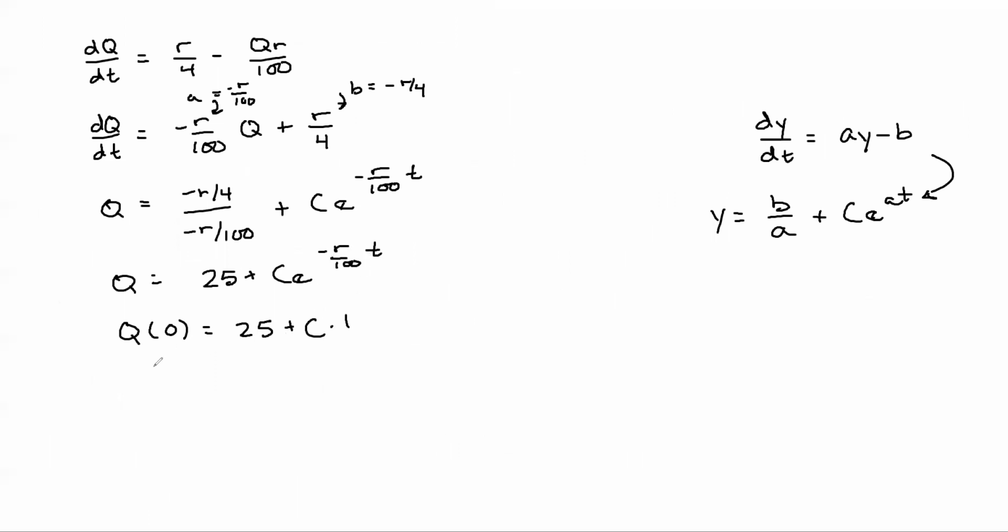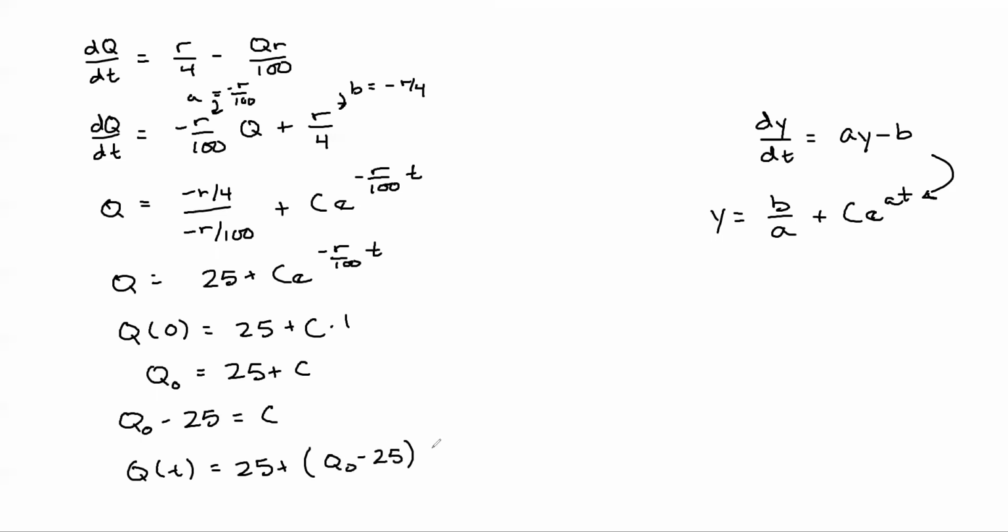So we'll have Q naught equals 25 plus C, and then Q naught minus 25 equals C. Taking that and substituting back into our earlier equation, we'll end up with Q of t equals 25 plus Q naught minus 25 times e to the negative R over 100 t. And that's the solution, at least so far.